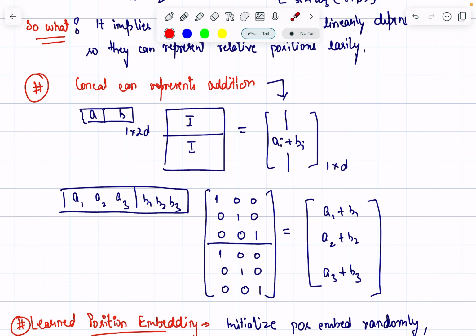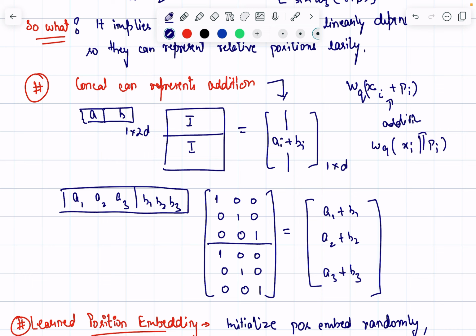What we have done is that if we want to compute the query matrix, then this says WQ of the content X at a position i plus Pi, right? So we are using additive positional embeddings. We could have equally said that WQ is Xi concatenated with Pi. This is a function of concatenation.